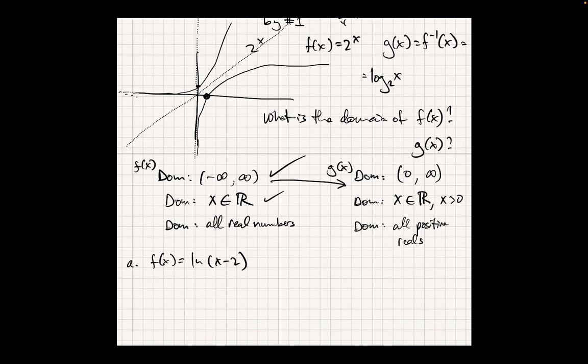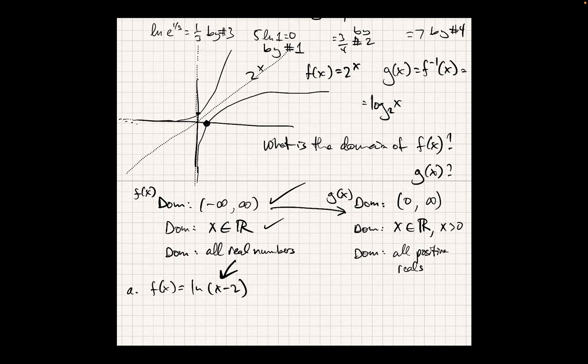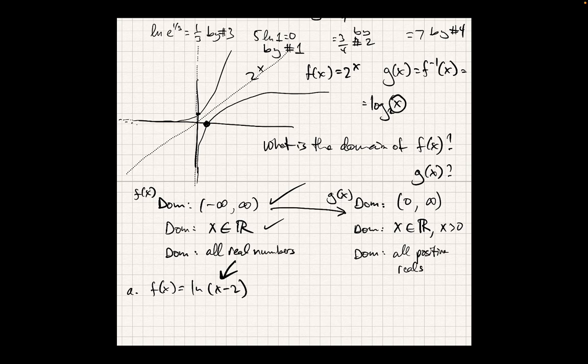So what causes this to blow up? The 2, the thing that cancels it out. So what numbers are not allowed? You took x and said x must be greater than 0.